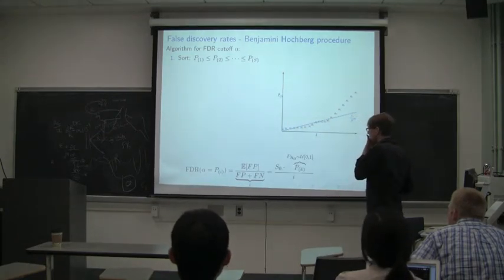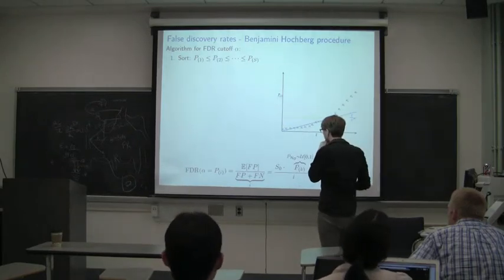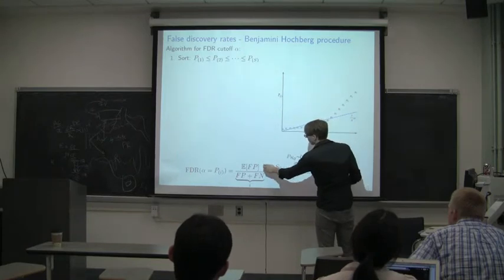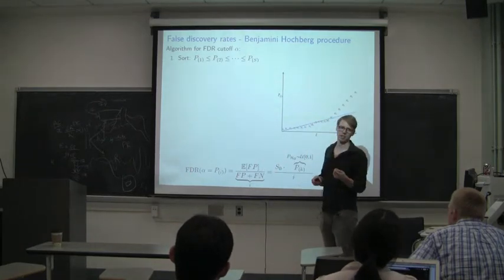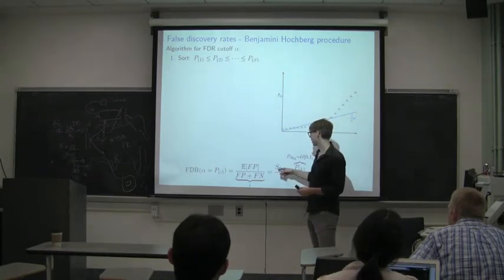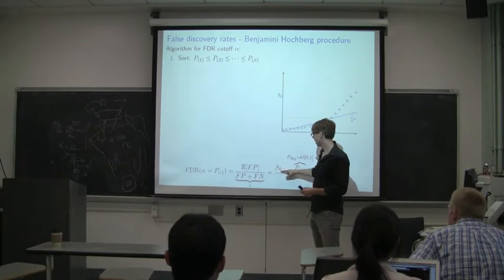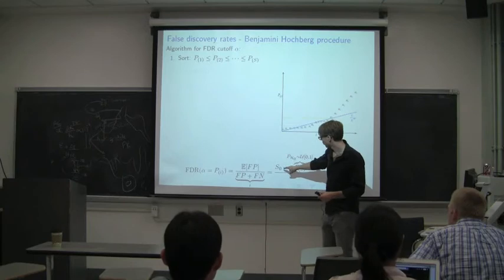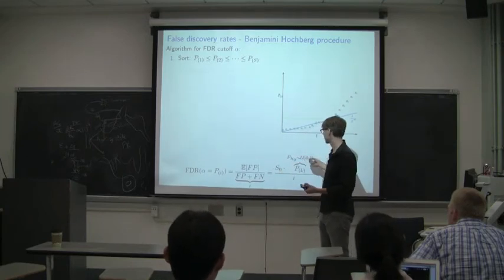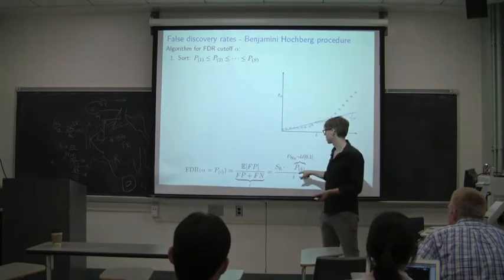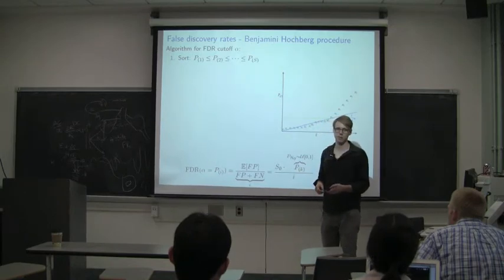Well, the number of false positives, in expectation, because p-values are uniformly distributed under the null, is just the number of null hypotheses in the data times the p-value that we have up there. So that's our expectation of the number.